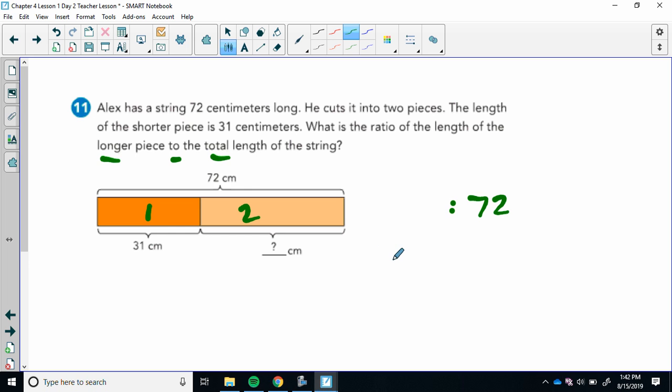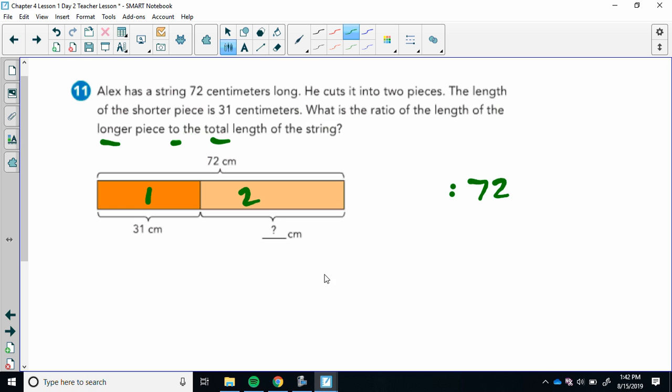So how would we do that? You take the length of the whole item, 72, and subtract 31. When you subtract 31 from 72, you get 41. So the answer would be 41 to 72.